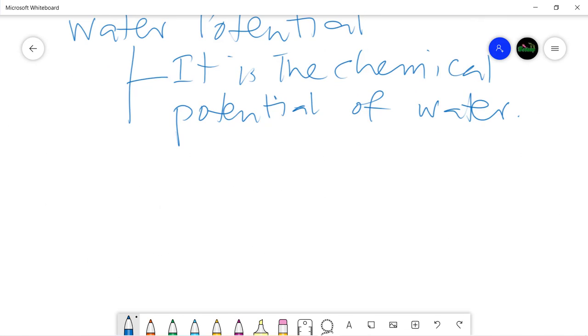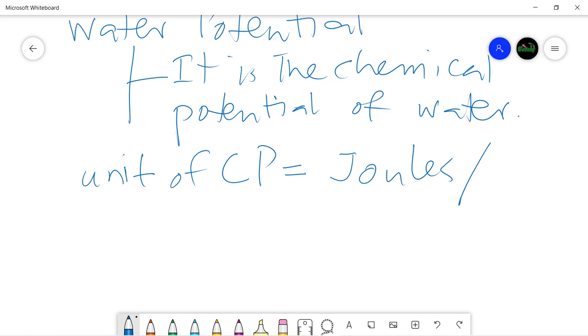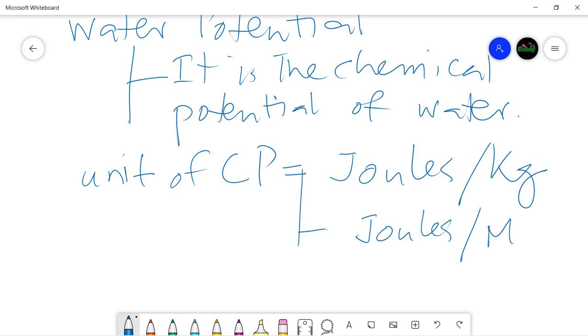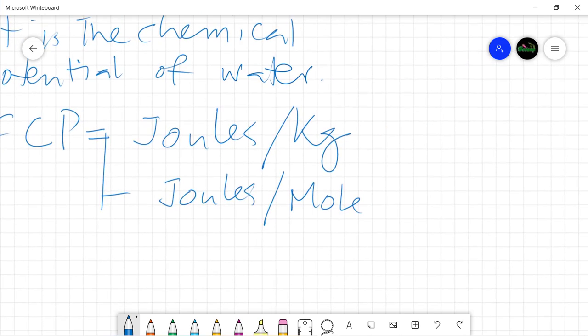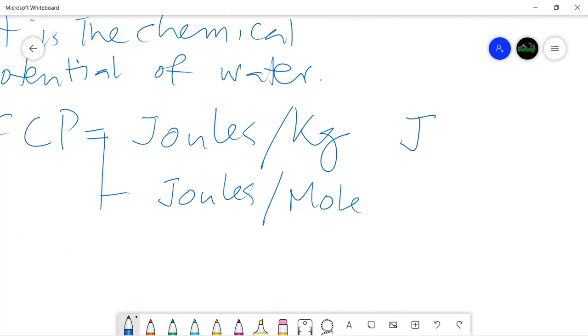As far as the units of chemical potential are concerned, that is, how we are going to measure the chemical potential, we know that it is the amount of energy per mole. What might be the unit? Unit of chemical potential, in thermodynamics, is mostly joules. Joules per kg, or it may be joules per mole. So we can write it J per kg or J per mole.